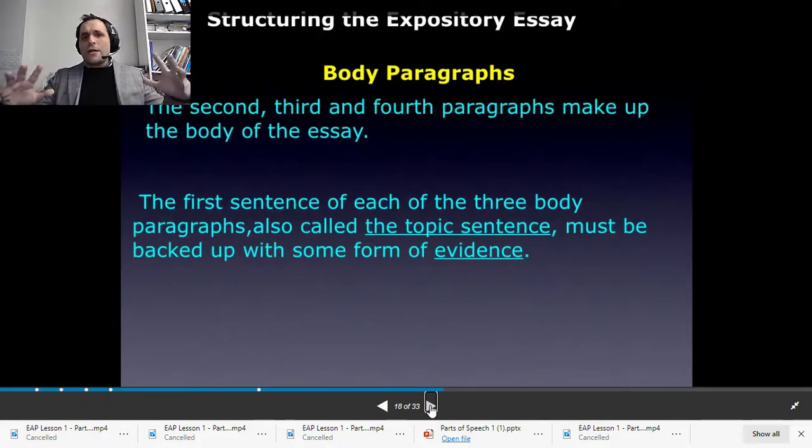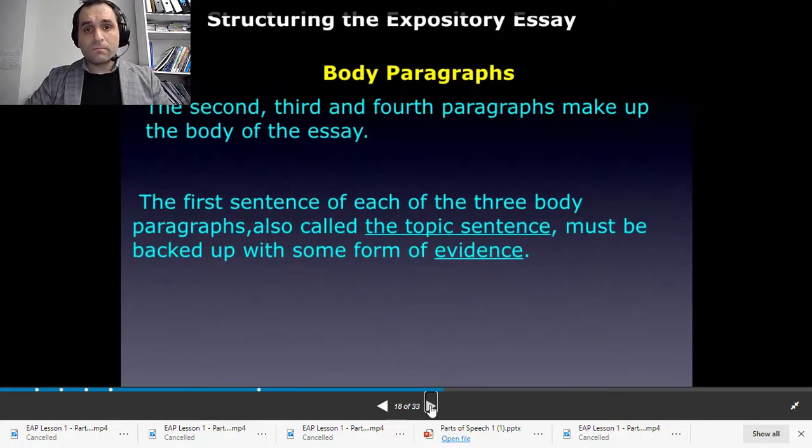You cannot just say any sentence you want and say, well, I said so. That's my opinion. No, those are not facts. You need to write your topic sentence, but you need to back it up. Back it up means supported with evidence. Evidence is always based on facts.